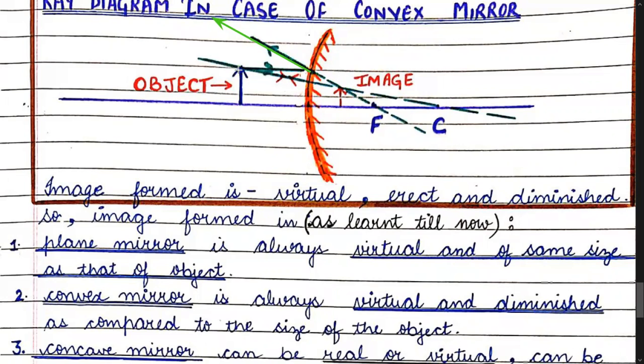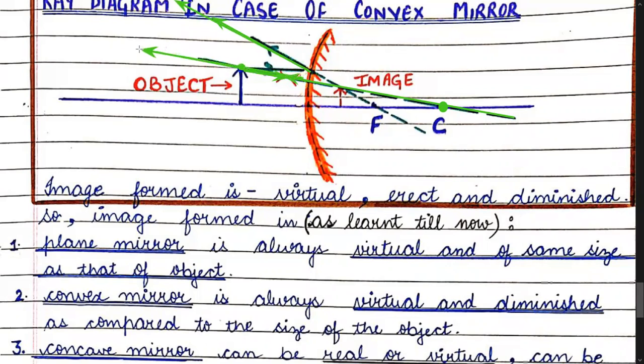And for the second, take the arrowhead of the object and the point of center of curvature. Keep your scale and draw the line joining the 2 points. And put the arrows, one towards the mirror, it is the incident ray, and one away from the mirror, that is the reflected ray. So if you see the reflected rays, what is occurring?